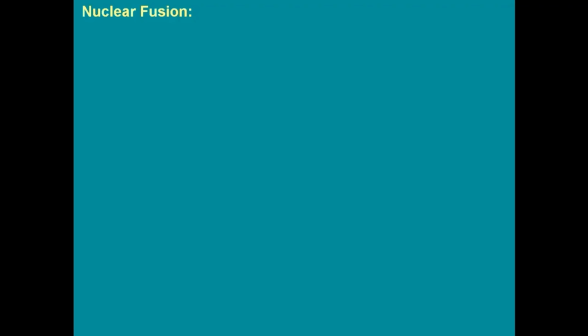That particular reaction we call nuclear fission. Now for lighter nuclei, if they want to become stable, they will combine together and release energy. That process we call nuclear fusion.